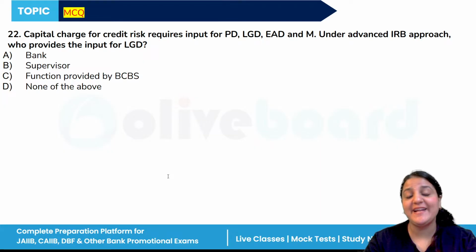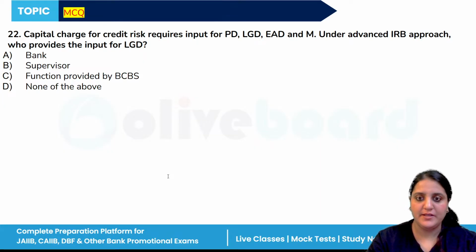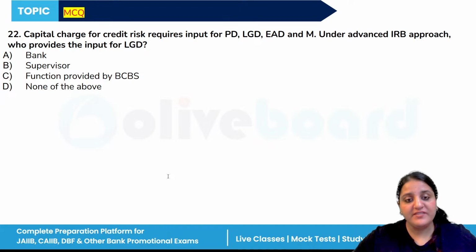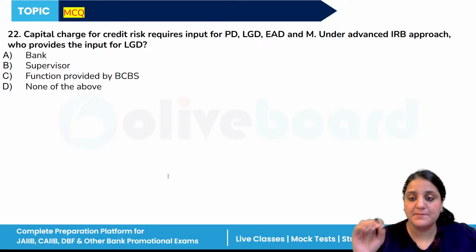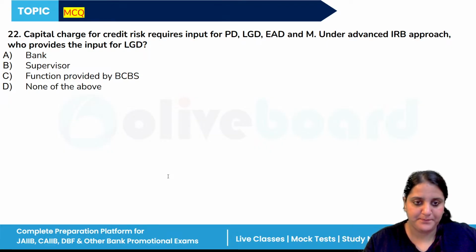Probability of default estimates the likelihood that the borrower will fail to meet the debt obligations. Loss given default estimates the percentage of exposure that a lender expects to lose if a default occurs. Exposure at default predicts the total outstanding amount a borrower is exposed to at the time of default.